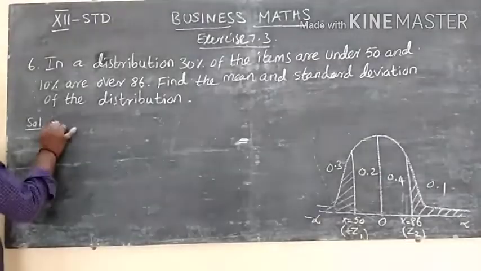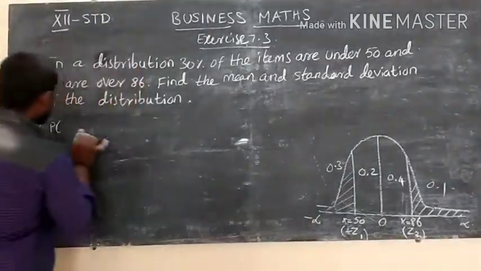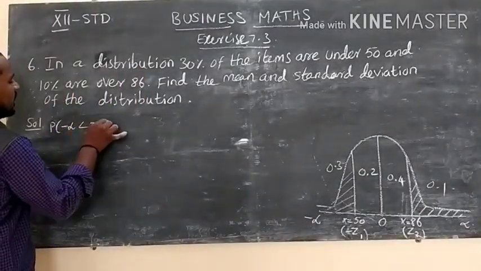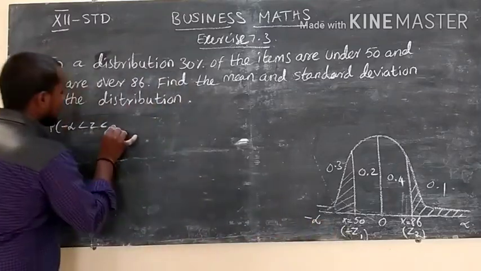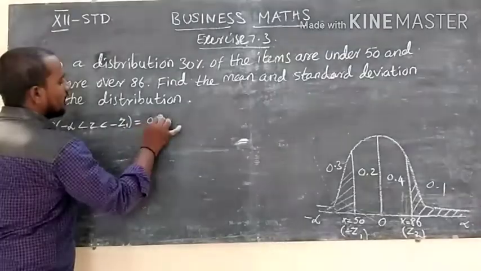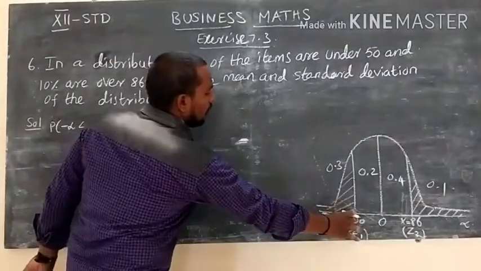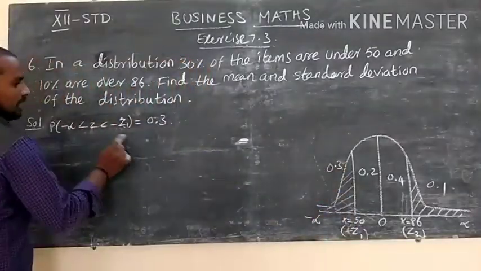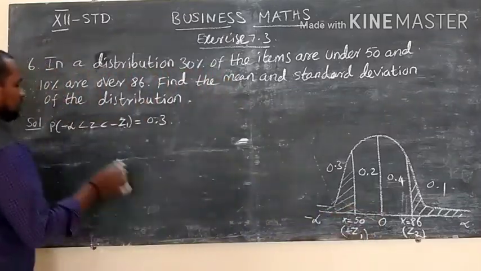Here the probability of minus infinity less than Z less than minus Z1 equals 0.3. This full value equals 0.3. Then what is the value of this interval?